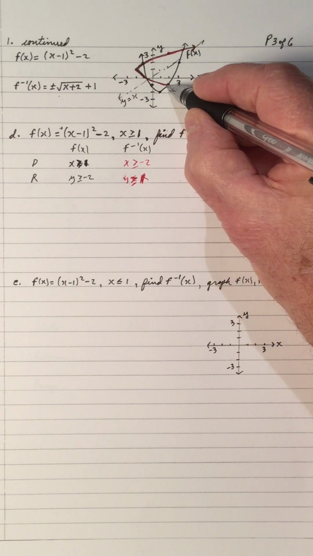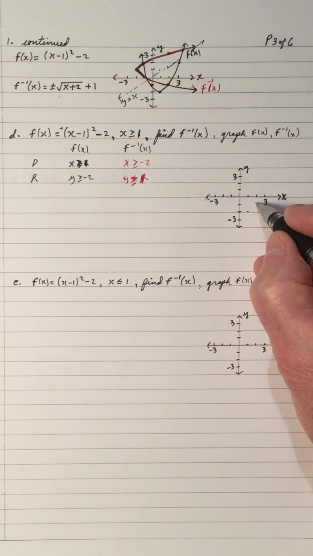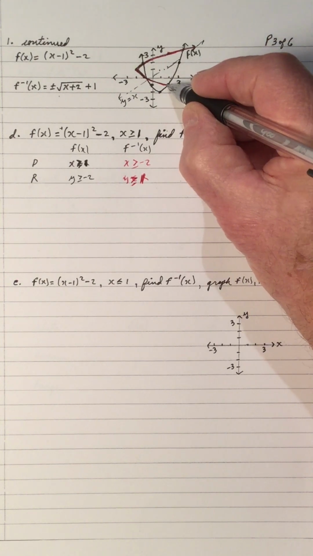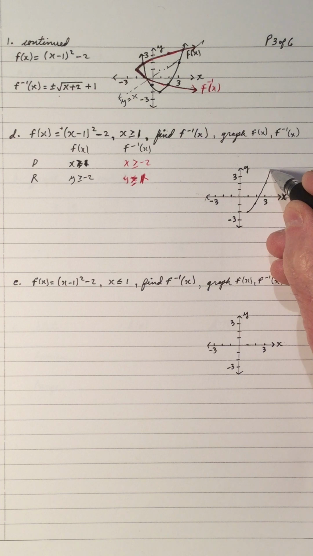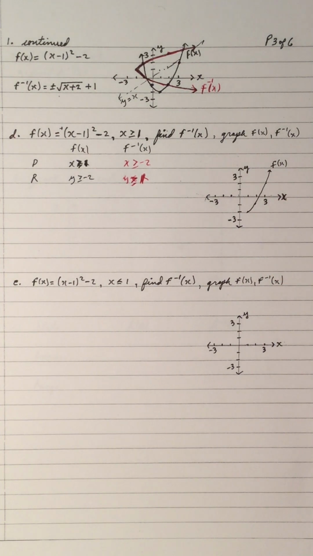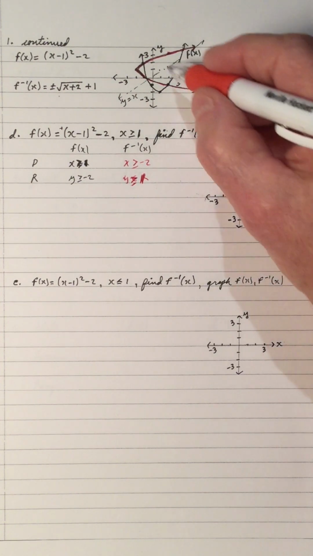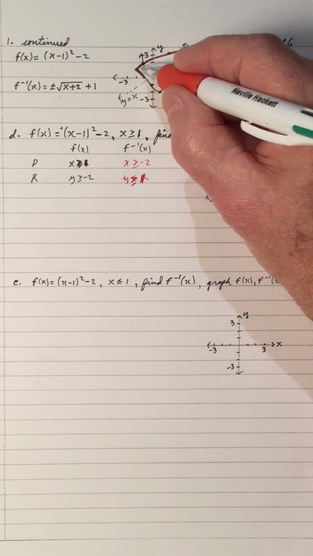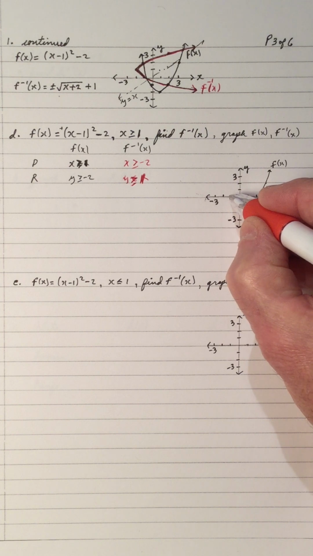If you look at this side, this one is right here. This is the piece we're looking at, the right side. So we have this and this, and these are the points right here. So I draw this. This is the f of x. Now I'll do its inverse, and its inverse is x greater than or equal to negative 2, and y is this one.